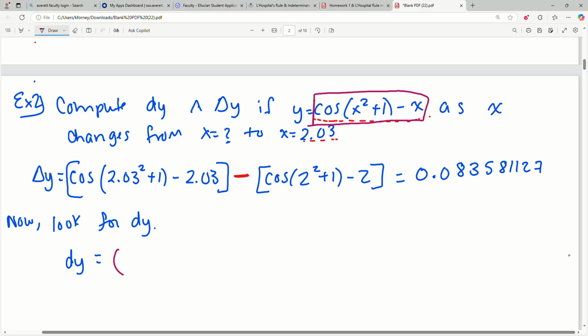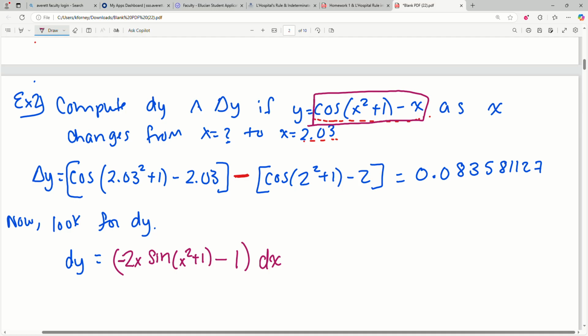So what's the derivative of cosine of x squared plus 1? You'd have to apply the chain rule. That would become 2x. What's the derivative of cosine? Negative sine. So I'm going to put my negative here: negative 2x sine of what's already there. Now, minus, what's the derivative of x? 1. And now I can put my dx.